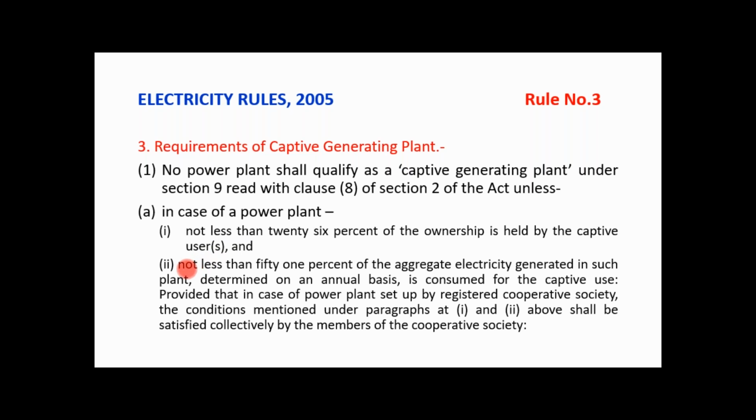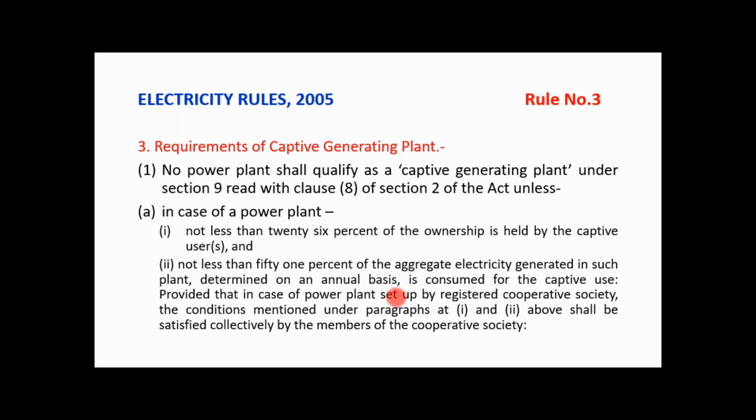The second condition is that not less than 51% of the aggregate electricity generated in such plant, determined on an annual basis, is consumed for captive use only. So this captive generating plant must have these conditions: ownership of captive users more than 26% and captive use more than 51%.